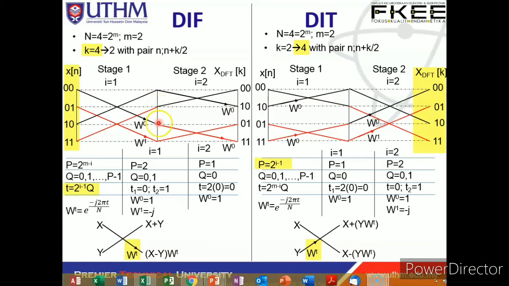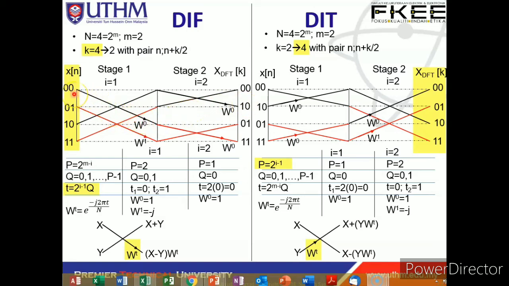Okay, how about x2? So 2 plus 2 divided by 2, we will get 3. So 2 will be coupled or paired with x3. Okay, so this is how we find the pairing of the butterfly shape here.